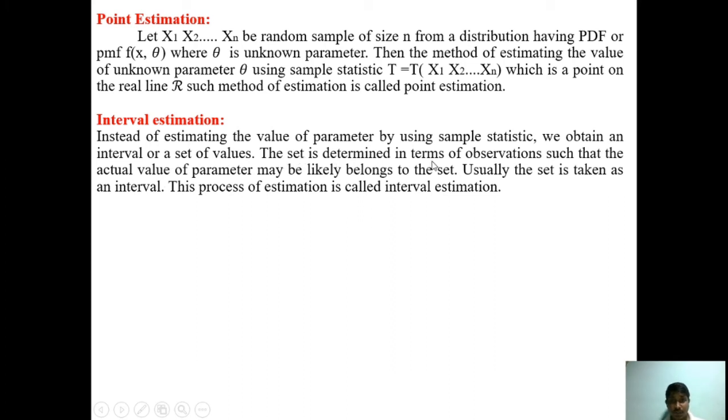The set is determined in terms of observations such that the actual value of the parameter is likely to belong to the set with some surety. Usually the set is taken as an interval. This process of estimation is called interval estimation.